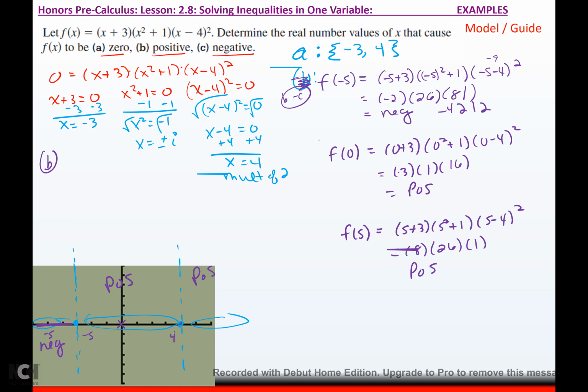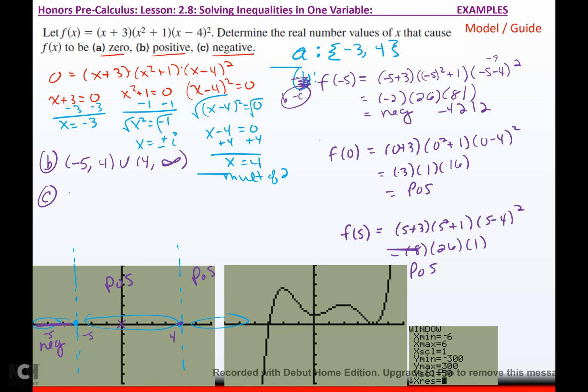We can't just go from negative 5 to infinity, because right here there's actually a 0. Okay, so we say it's positive from negative 5 to positive 4 union positive 4 to infinity. For C, if we describe the intervals where it's negative, it's only negative on the interval from negative infinity to negative 5. Okay?